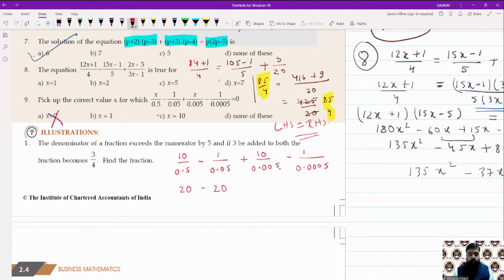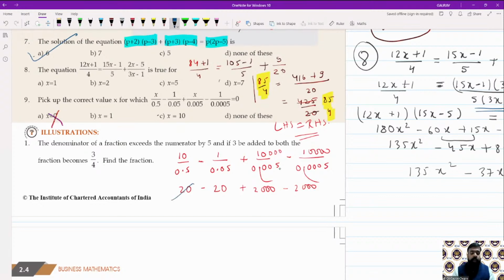You will get 20, plus 10 upon 0.005. Now, if you want to remove the 0, put 3 zeros on top and then divide. So how much are you getting? 10,000 upon 5 is 2,000. And also if you want to remove the 0, put 4 zeros on top. So 10,000 upon 5 is again 2,000.